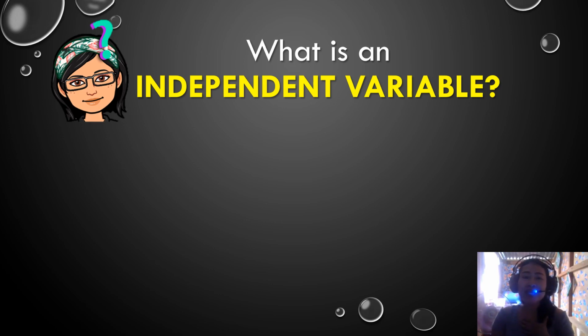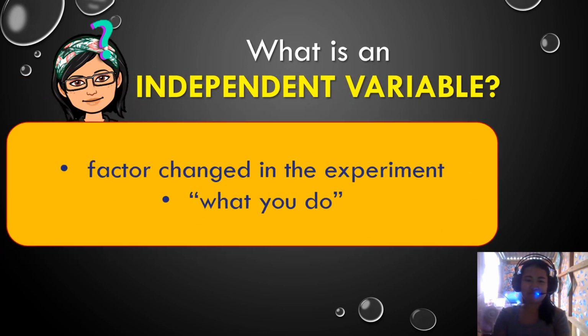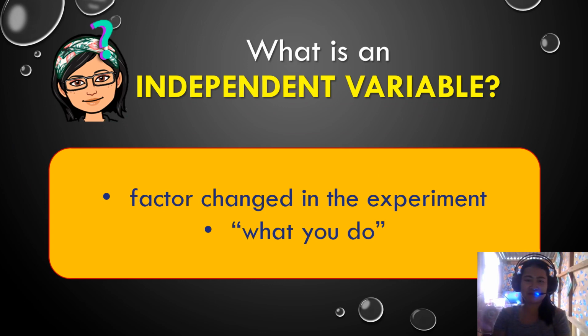I'm happy that you tried guessing, and let me share to you the meaning of independent variable. Independent variable is a factor changed in the experiment, and it answers the question what you do in the experiment.